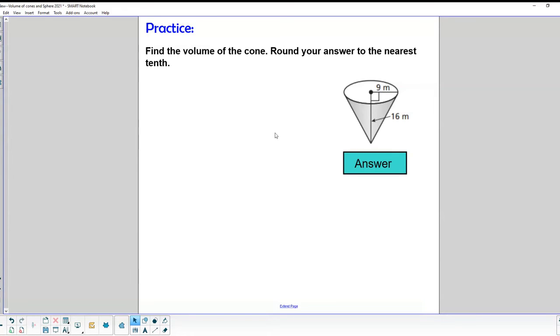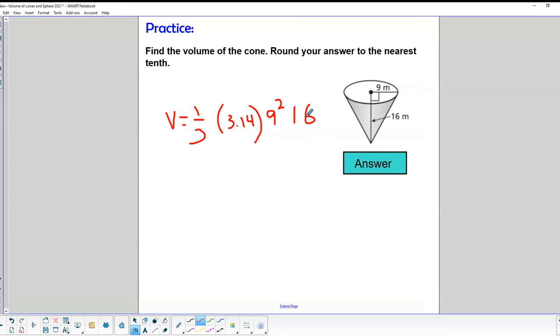So here's one more. You're going to do volume. Okay, we're going to go to the next one. I'm sorry. So we got volume equals 1/3 times 3.14. So that we'd use that for every one of these particular formulas, times the radius squared, which is 9 squared, times the height, in this case 16.